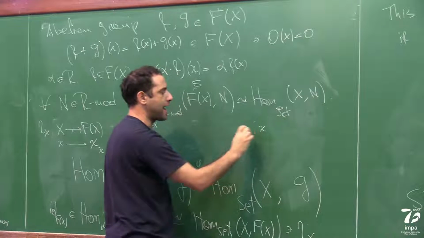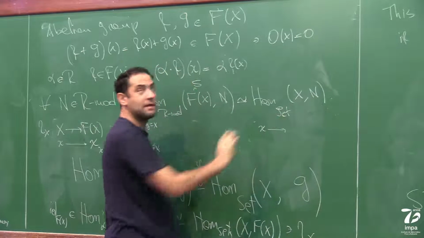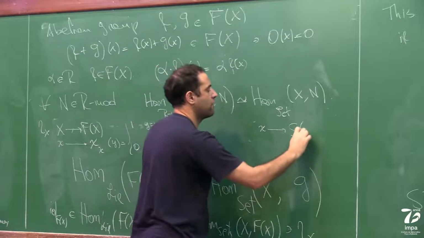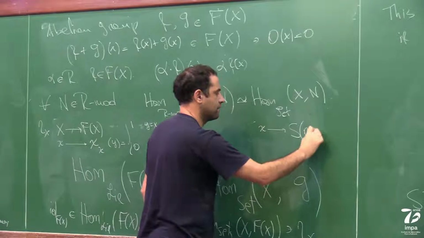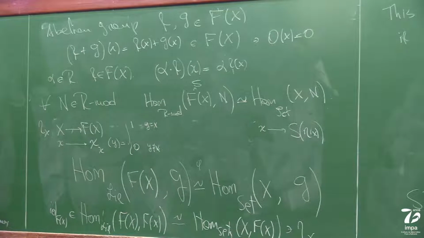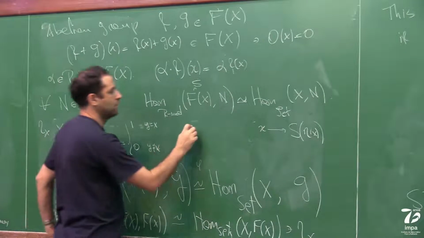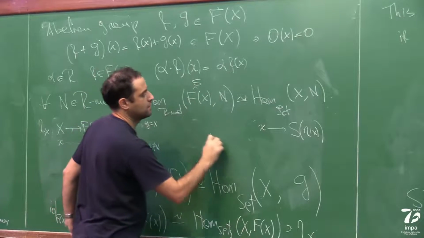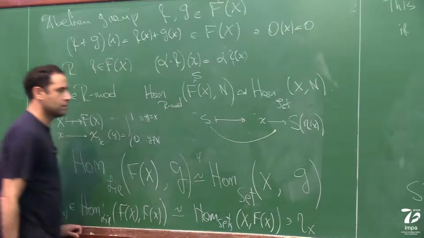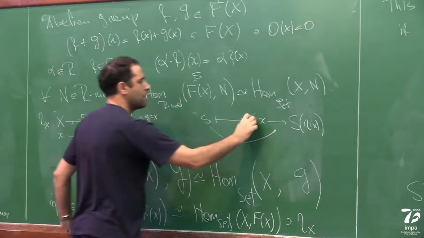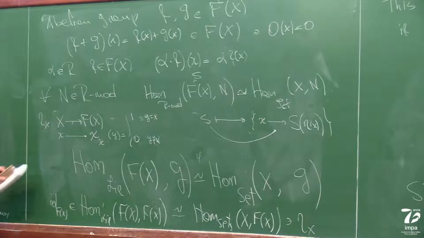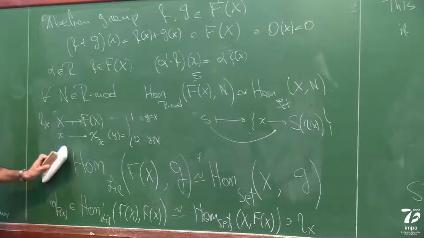So if you give me x, you need to give me now an element in N, and that element in N is going to be s of eta of x. So that is the map that goes from s to this function, and I need to check that this map is an isomorphism of sets, so it's a bijection.